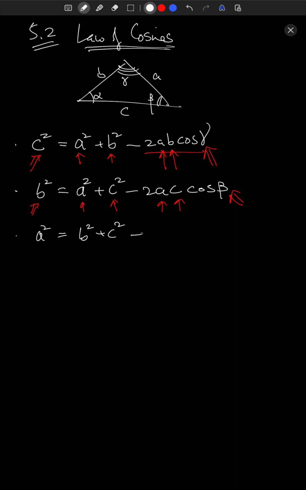So B and C, so minus 2BC, and then cosine of alpha, because alpha corresponds to the A. All right. So it looks kind of terrible that there's 3 of them, but all 3 are very similar. And it's not as terrible in that it's easy to remember the structure of the law of cosines, of how it should look.